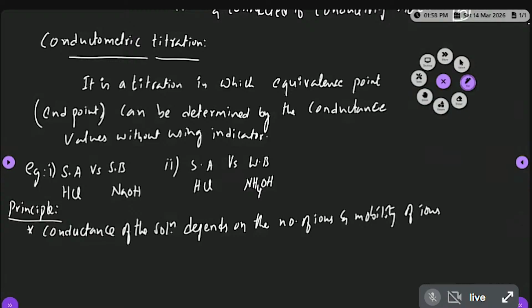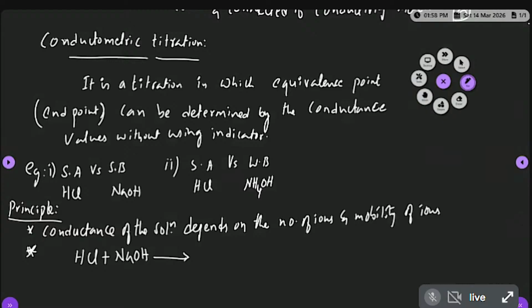For example, if we take HCl versus sodium hydroxide, what happened when HCl is added to NaOH or NaOH is added to HCl? A neutralization reaction takes place.